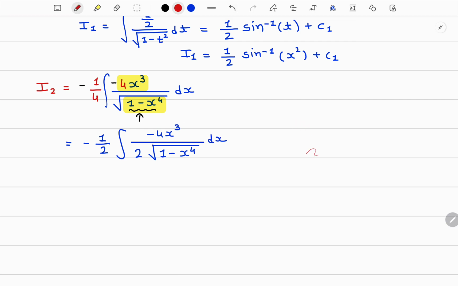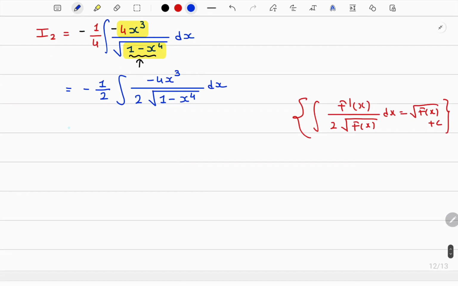We know that integration f dash x upon 2 root f of x is nothing but root f of x, right? Let's see. So same thing, but here minus 1 by 2.